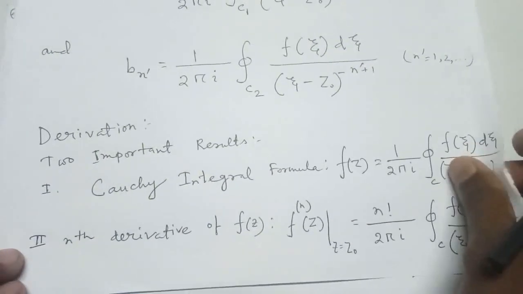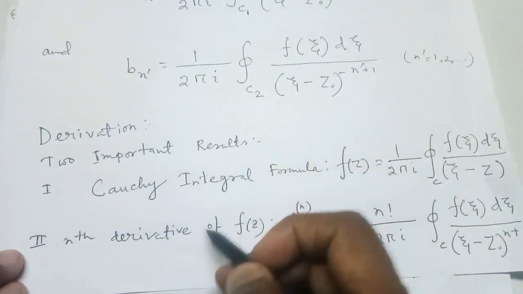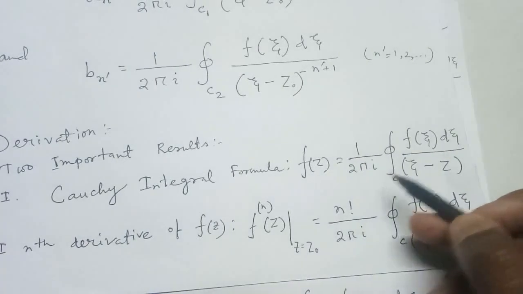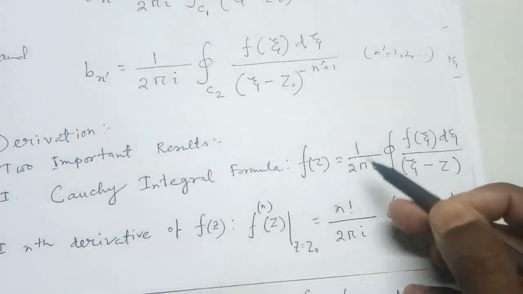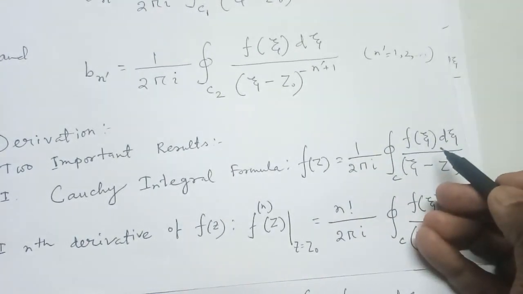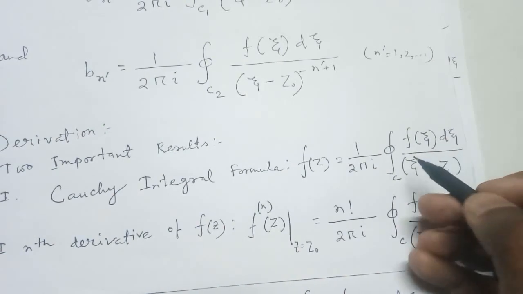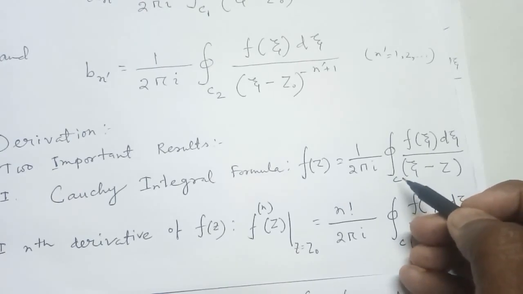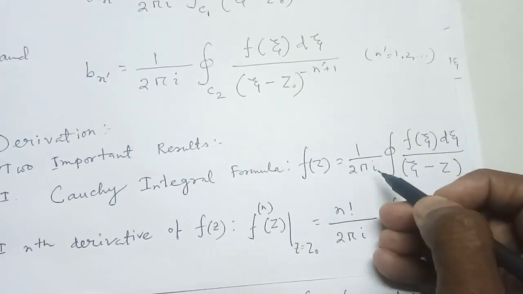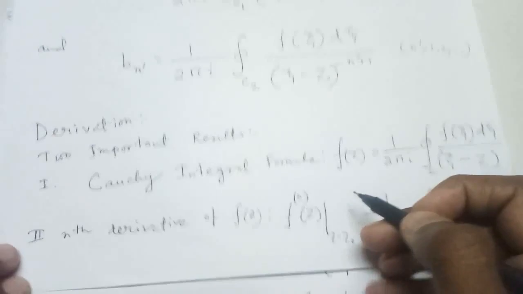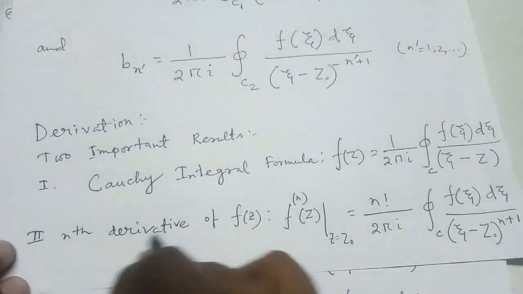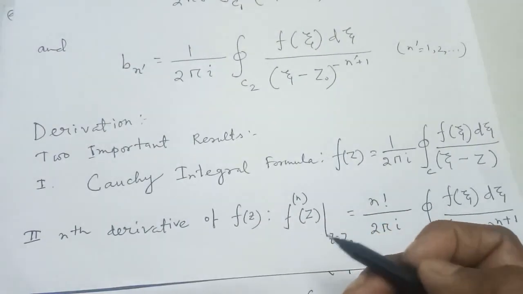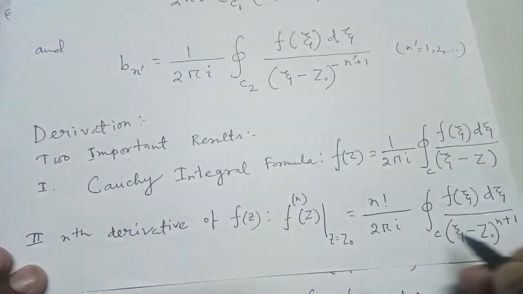For this we need two important results, namely Cauchy integral formula, which is given by this relation. Here xi is a running complex variable and this integration is done on an arbitrary contour C, and i is an imaginary number. Also the second important result is nth derivative of function of z, which is given by this relation.